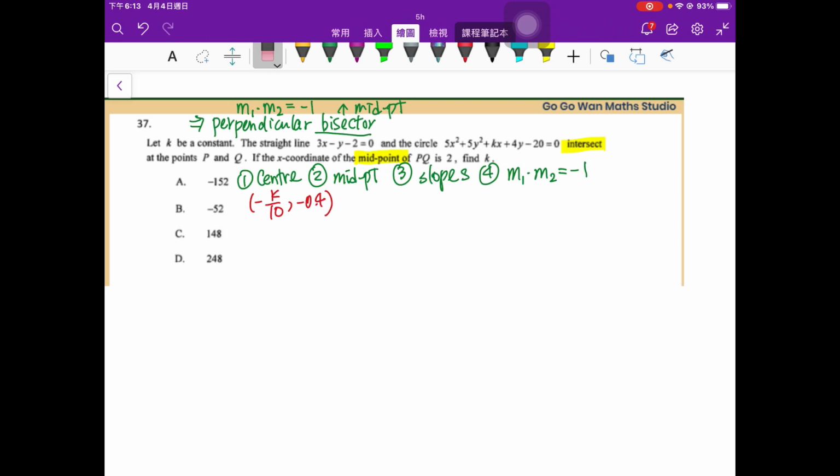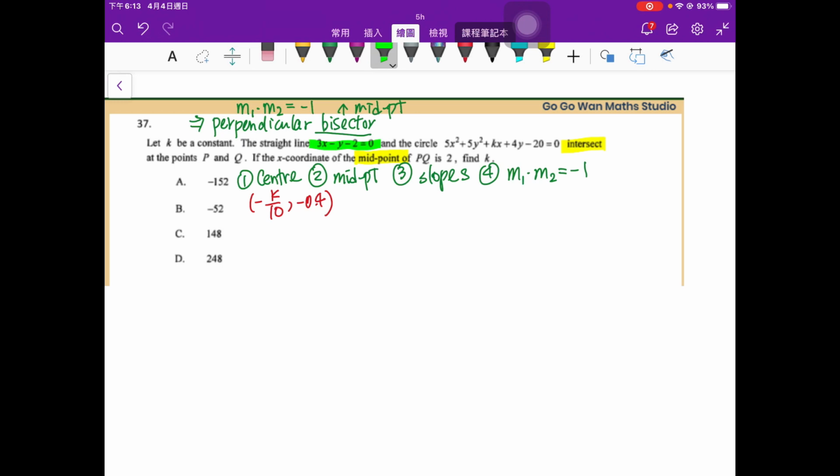Because the midpoint of PQ lies on the line, and the equation of the line is 3x minus y minus 2 equals 0.